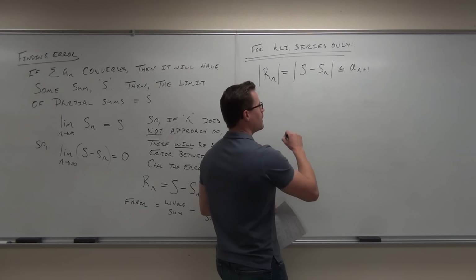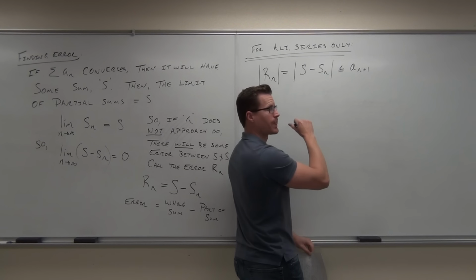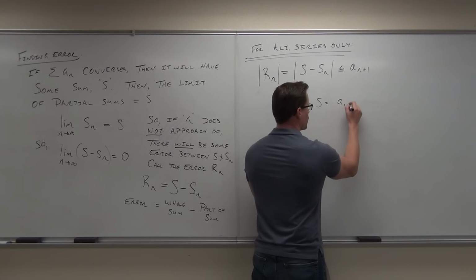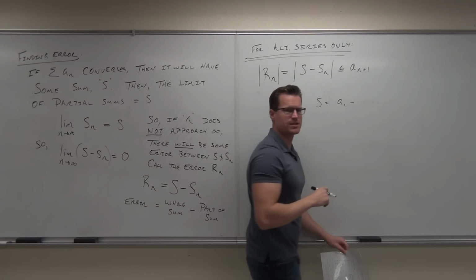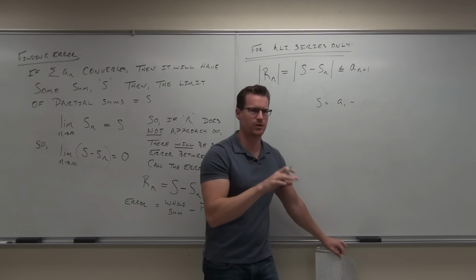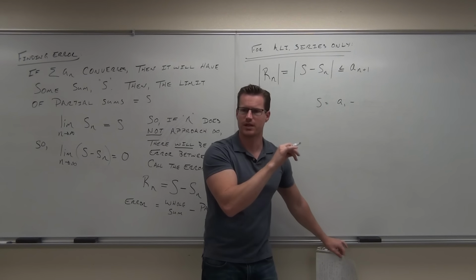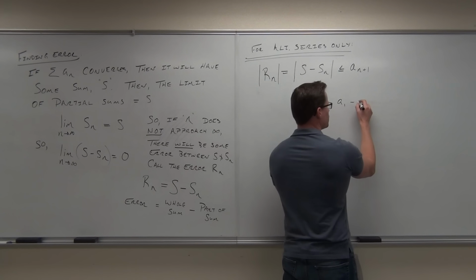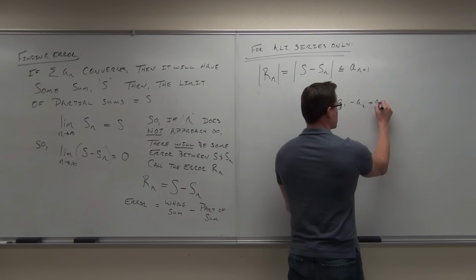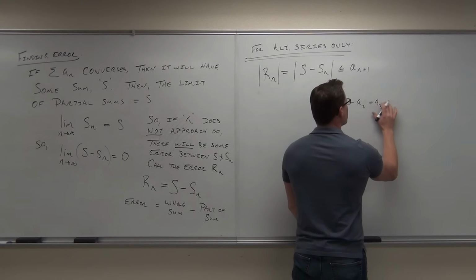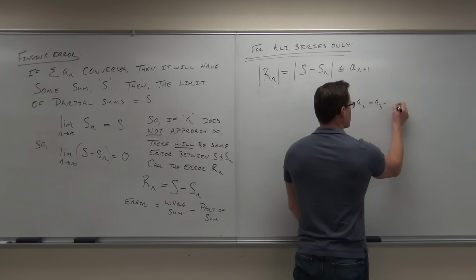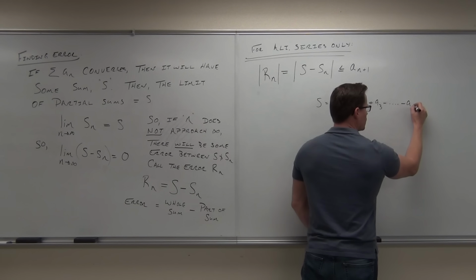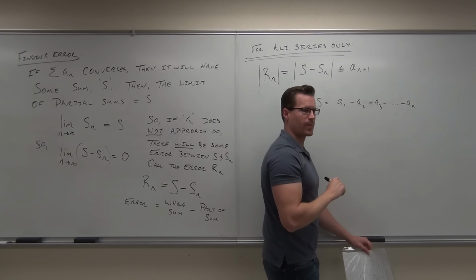Here's the why. Let's consider what S is. S would be a sub 1. Remember, this is an alternating series, and I'll show in just a minute the reason why this only works for alternating series. So it'd be a sub 1, minus a sub 2, plus a sub 3, and eventually you get a sub n. True?